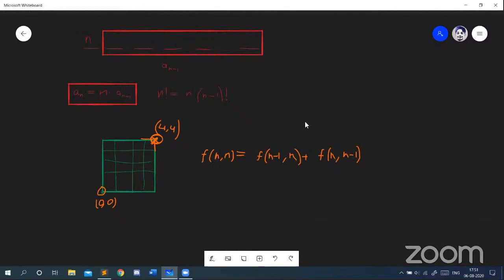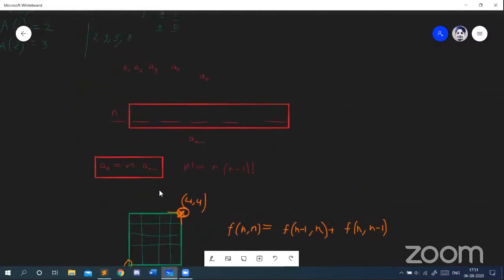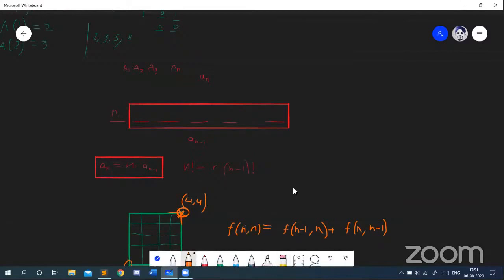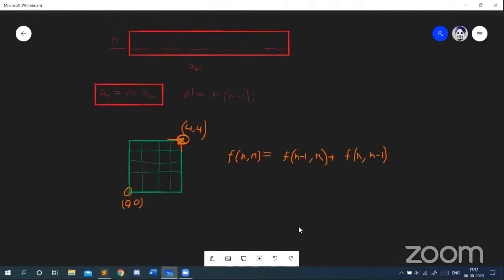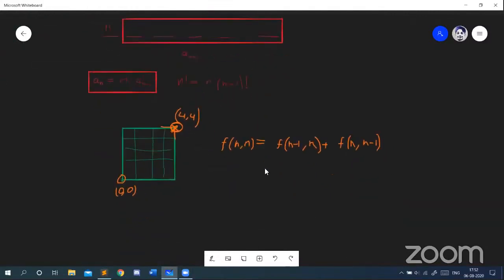The factorial way. Okay, you're asking about this recurrence, right? Okay, you mean for grid paths? Okay, yes.